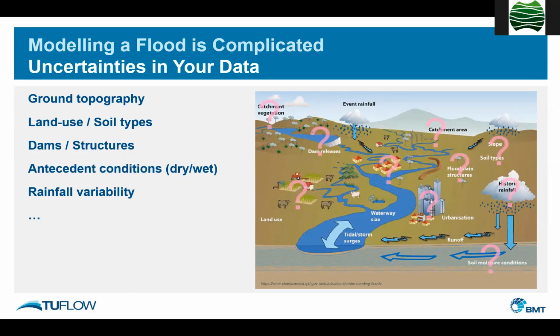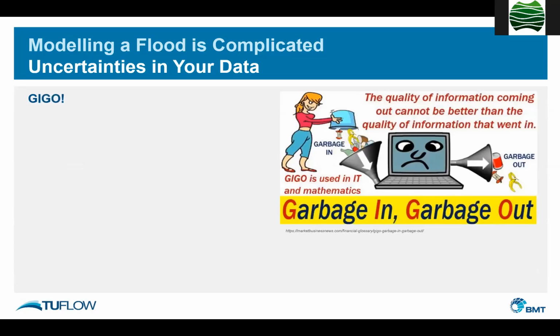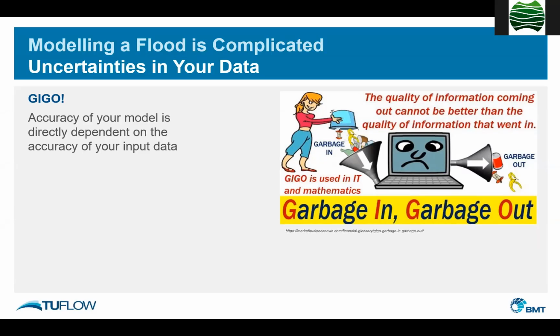And so when it comes to uncertainties in your data, I'm actually only going to say one thing, and that's basically garbage in, garbage out. It's really important that you understand that the information you're feeding into your model is going to have an impact on the information coming out.